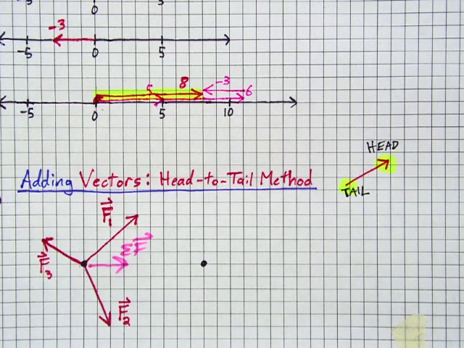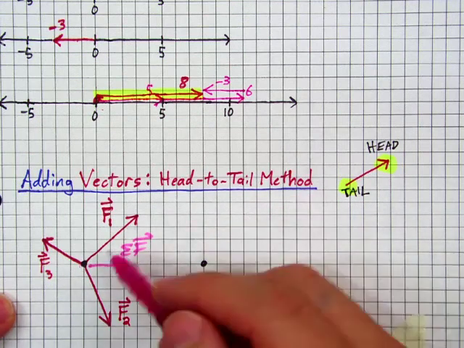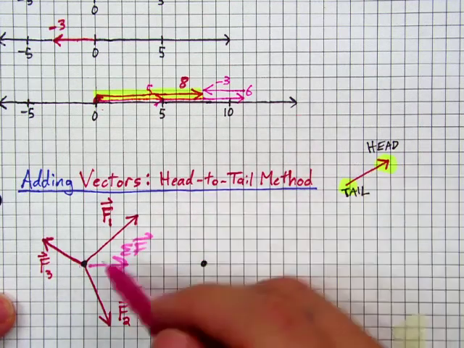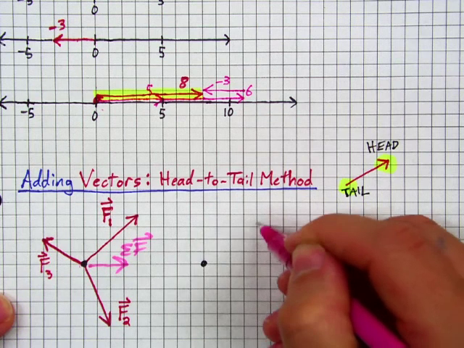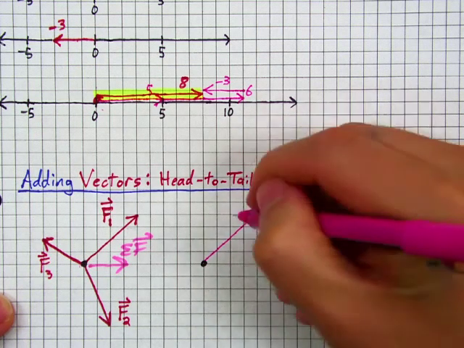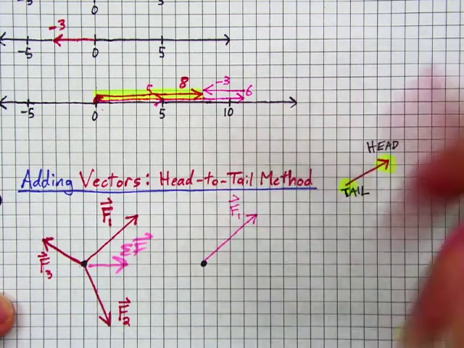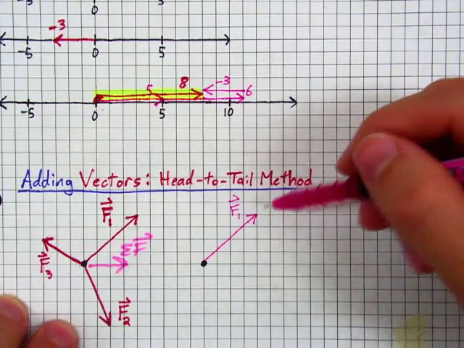That's the prediction, but now let's get the actual exact net force. We're going to use this head-to-tail method. Start by picking one of the vectors, F1 here, and draw it by itself. So it goes over 4 and up 4. Then I'm going to take the next one, F2, and draw it starting at the head of F1.